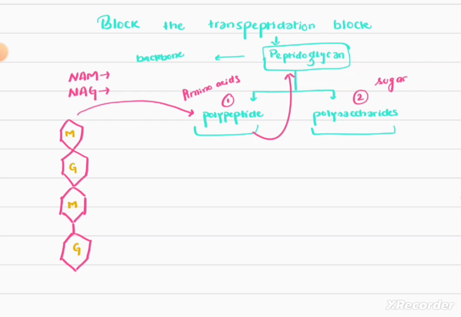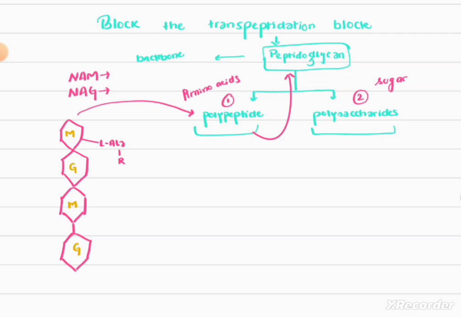So to this M, to this N-acetylmuramic acid, this sugar moiety, the chain of amino acids is usually attached. So this is the chain of amino acids that is usually attached to the N-acetylmuramic acid, which is a sugar in the polysaccharide unit.